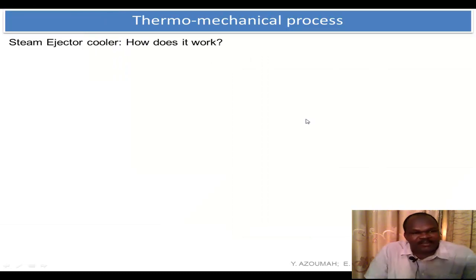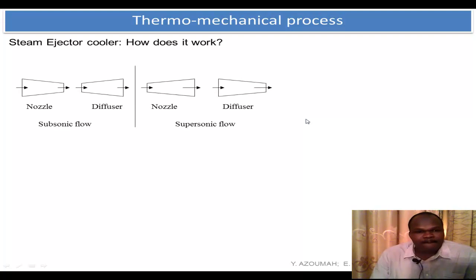Now the steam ejector cooler, how does it work? You know, when you are working in the speed range where the fluids are at speeds lower than that of sound, you are working in a subsonic flow regime.